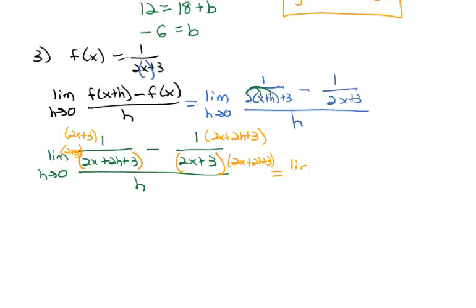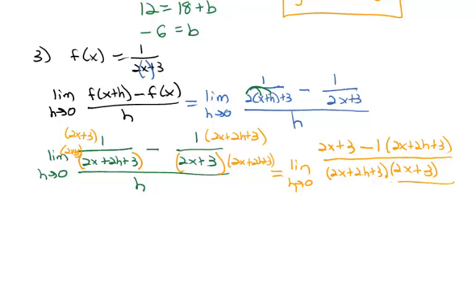So we now have the limit as h goes to 0 of 2x plus 3 minus 1 times 2x plus 2h plus 3, all over a common denominator of 2x plus 2h plus 3 times 2x plus 3, and all of that is over h. Let's distribute that negative through.